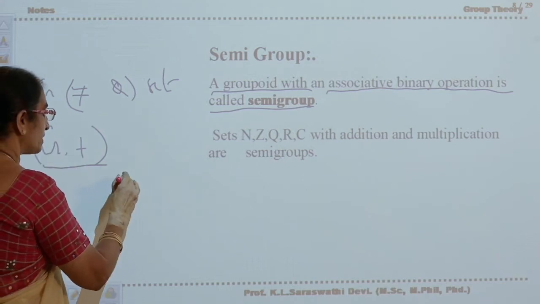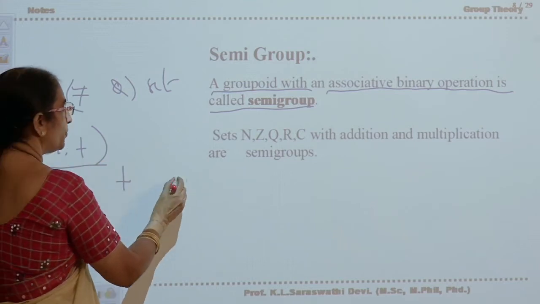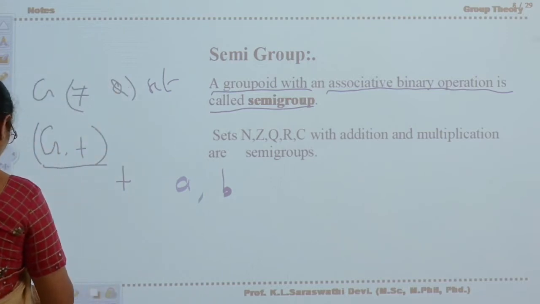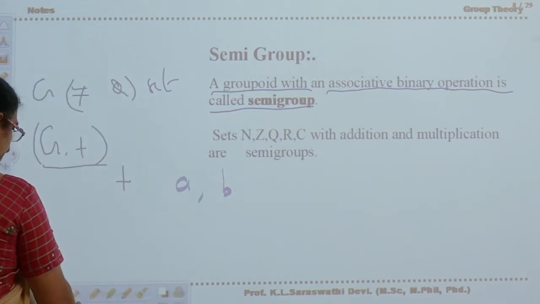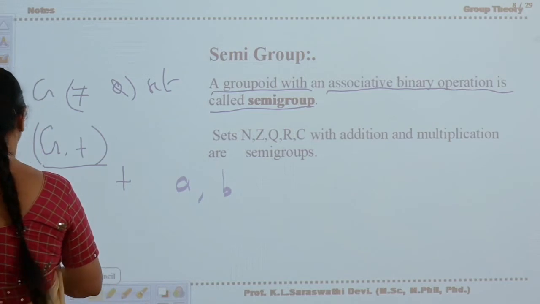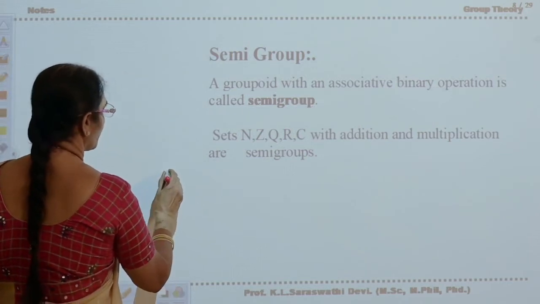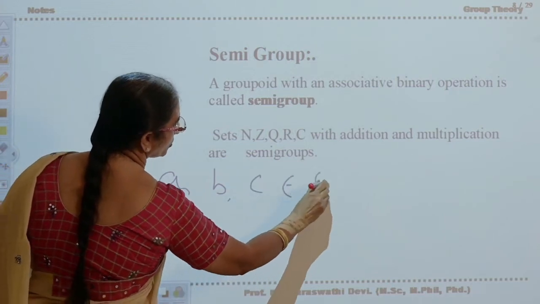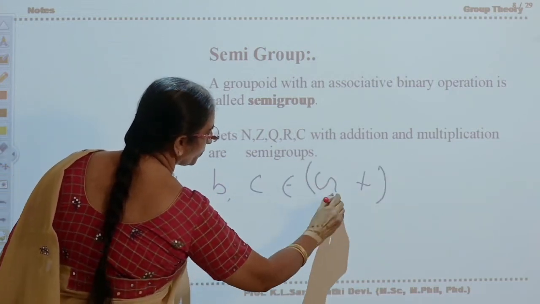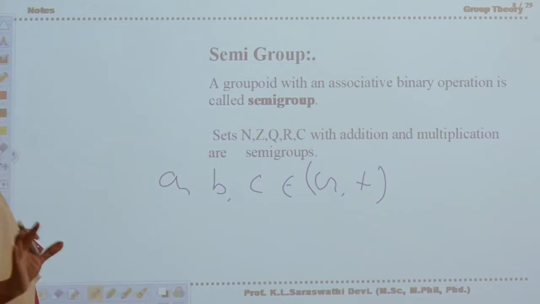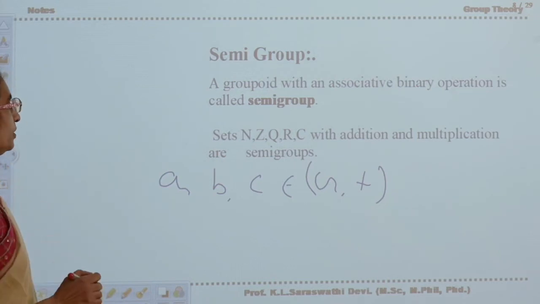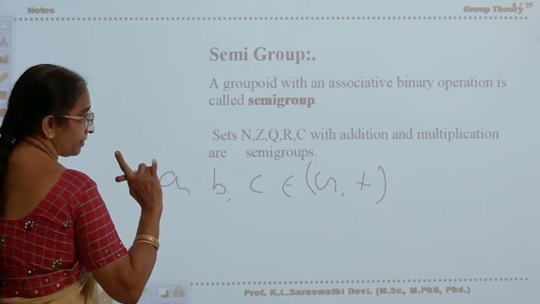Now you said plus is a binary operator. Suppose A, B, C belong to (G, +). You have taken a set G, and that set is equipped with addition. You have taken three elements from the set: A, B, C. Now, plus is a binary operator.